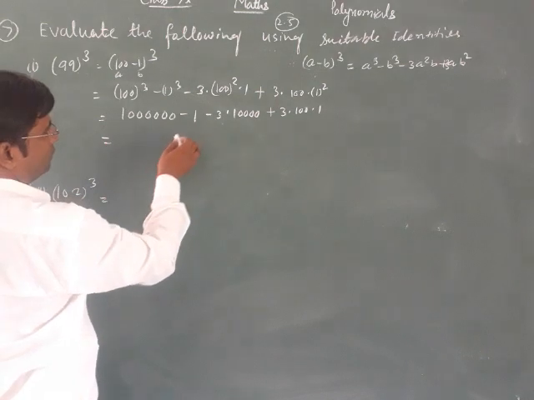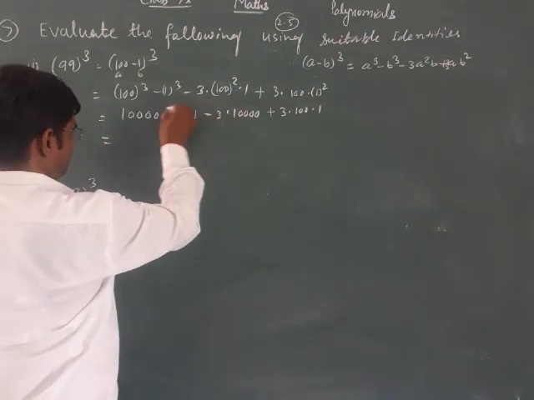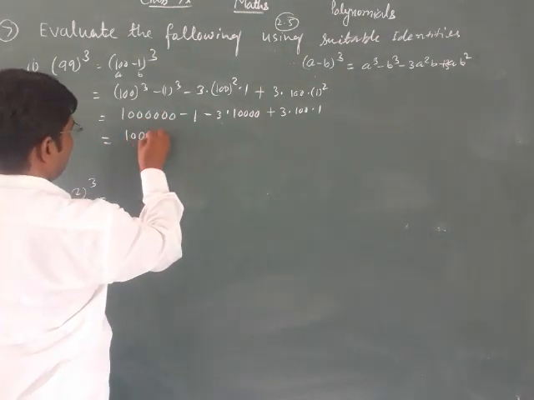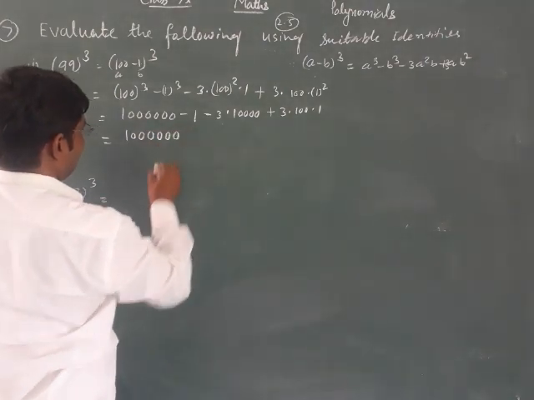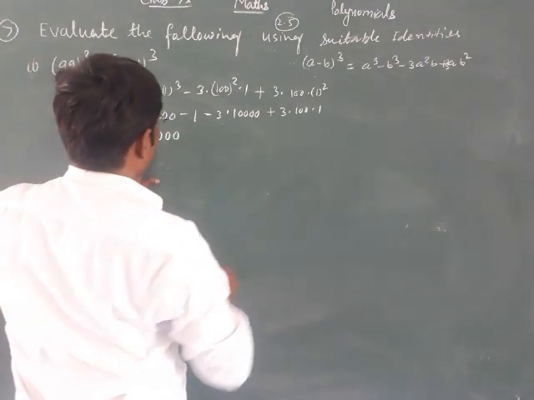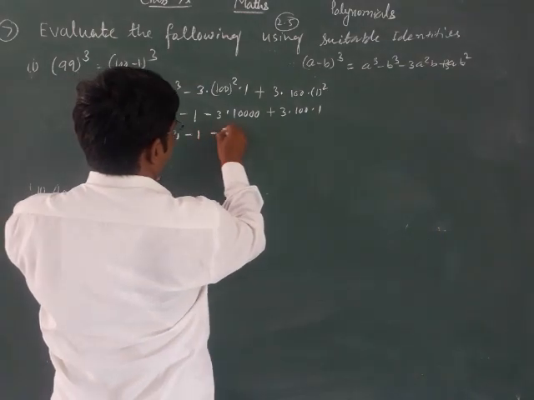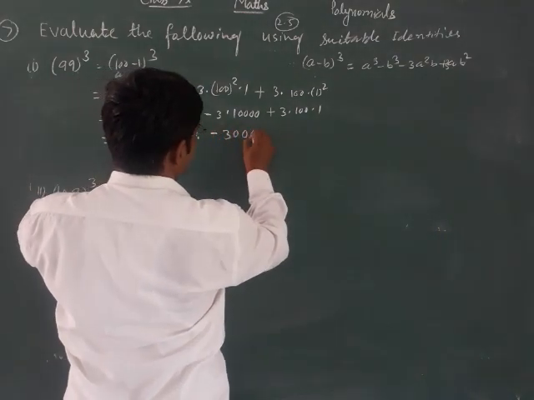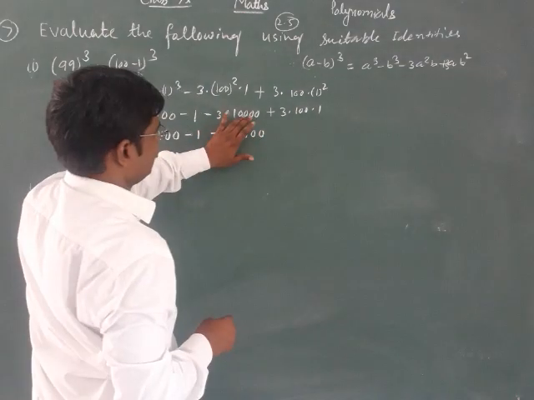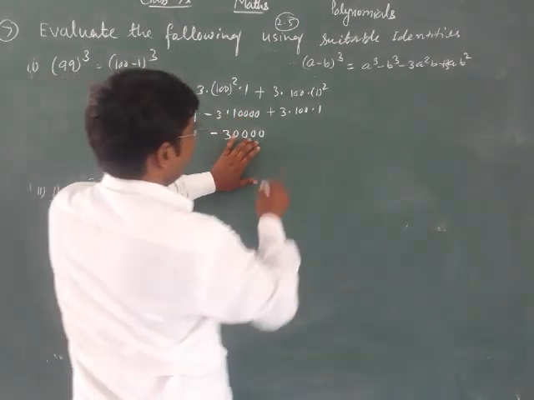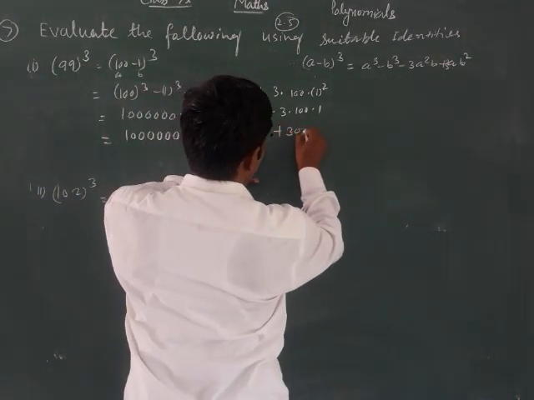So now we can write this as 1,000,000 minus 1 minus 30,000 plus 300.